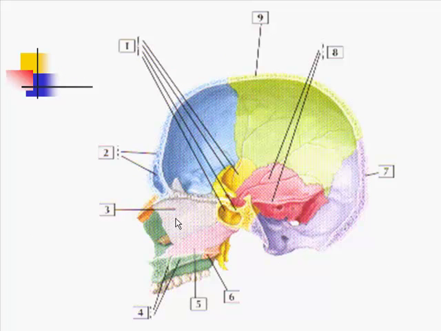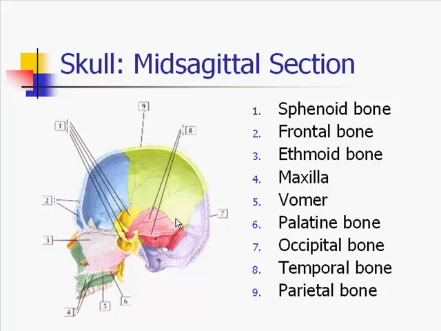All right, so now if we were to take a look at the mid-sagittal section, see if you can identify these bones. Remember, on number 1, they're looking at the sphenoid bone, but they're looking at the greater and lesser wing, the area called sella turcica, and the sphenoid sinus.